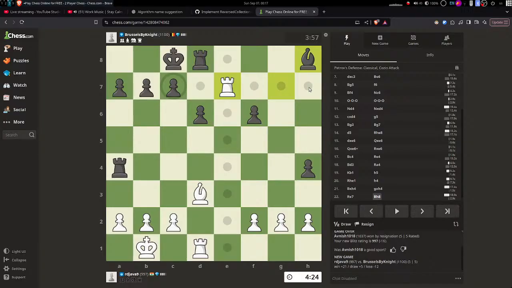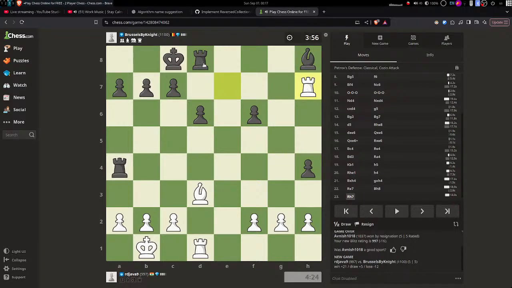And that would be fine. Now, his rook cannot move, at least. So, this kind of attack would be really nice to have. Doubling on the 7th rank is a nice thing.